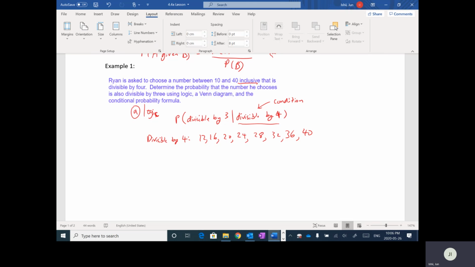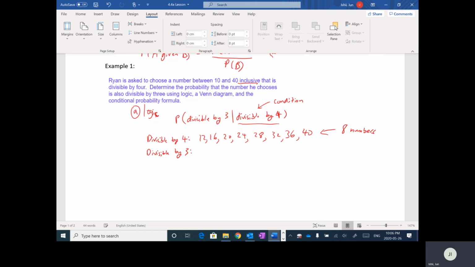So if he's already been asked to choose one of these numbers, there are 8 in total. If we count up the numbers here, there's 8 total. Then we want to find the probability that it's divisible by 3. He has chosen one of these numbers. What is the probability that he's going to find one that's divisible by 3?